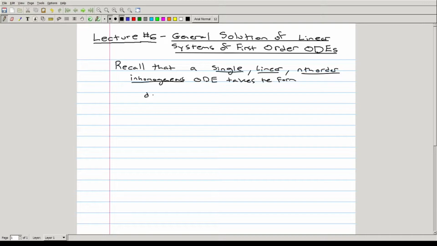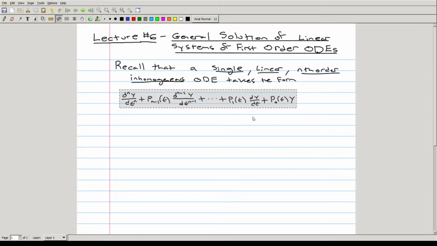That's the nth derivative of the unknown function y with respect to t, plus some function P_{n-1}(t) times the (n-1)th derivative of y with respect to t, all the way down to P_1(t) times y prime, or dy/dt, plus some function p_0(t) times y, in general is equal to some function g(t).